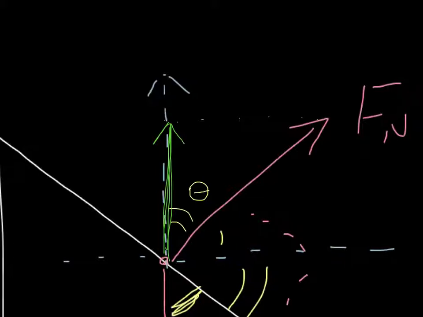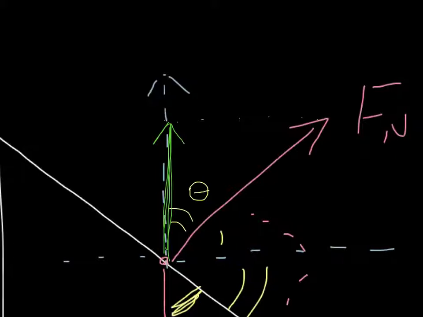Think about it. The relationship of Fn, which is the magnitude of the hypotenuse, the theta, the angle, and the adjacent side to theta. That's right, this has to be a cosine relationship.